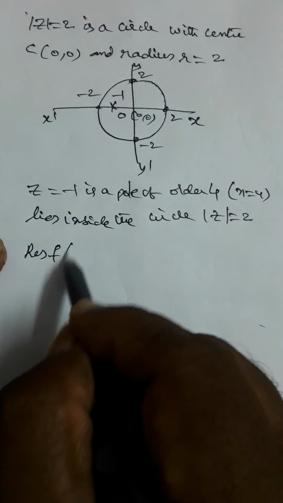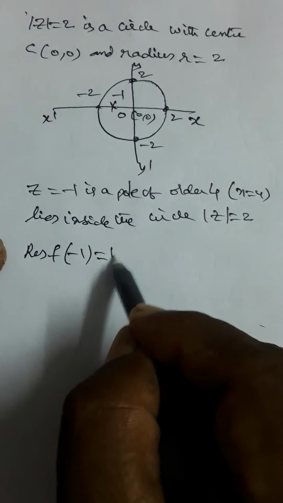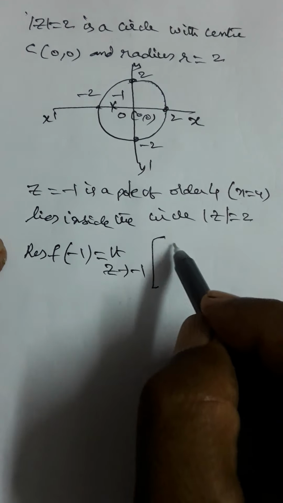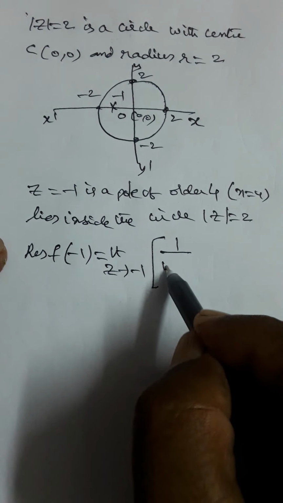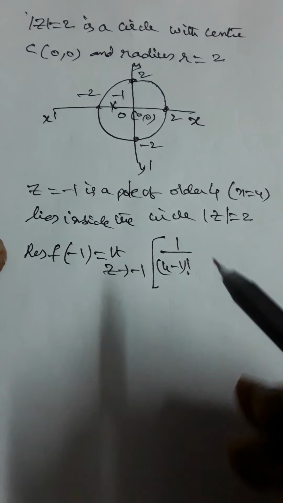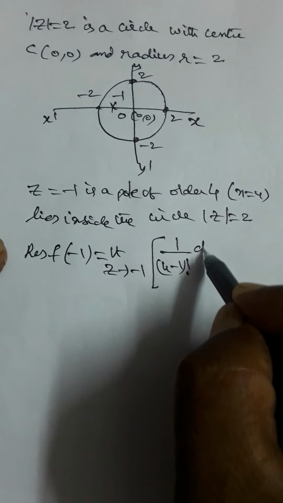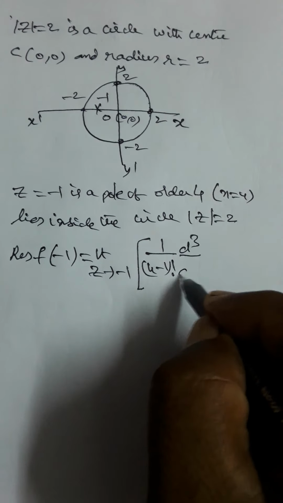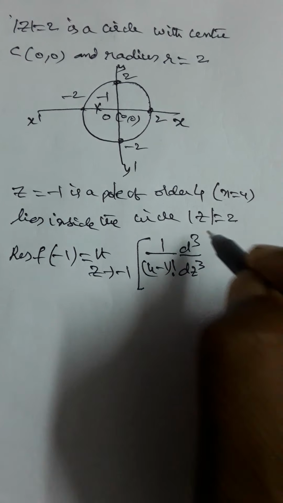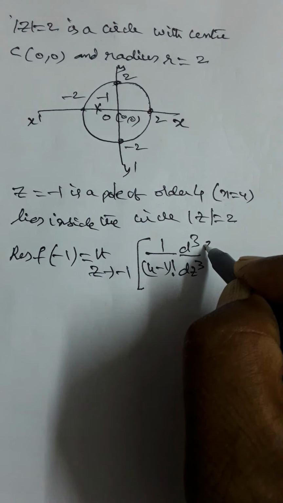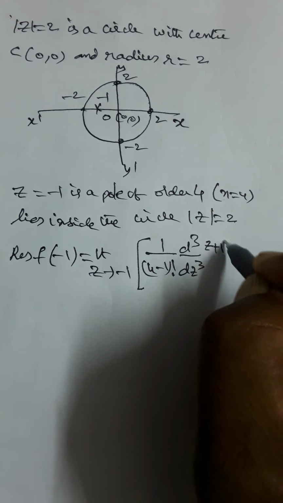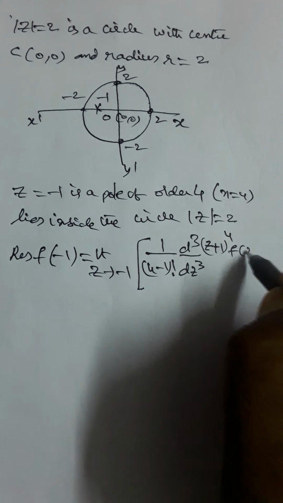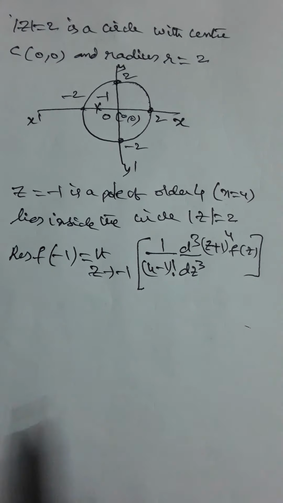Residue of f at -1 is the limit as z tends to -1 of 1/(n-1)! d^(n-1)/dz^(n-1) of (z+1)^n times f(z).